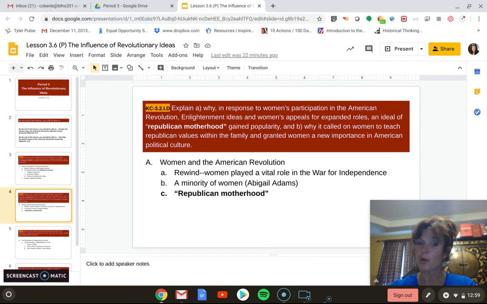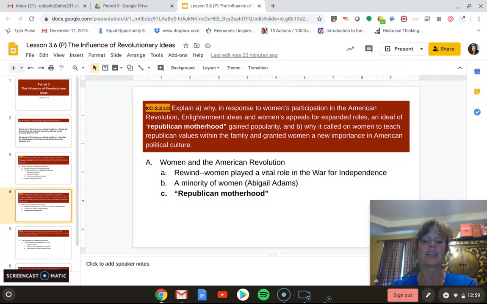What this means for women, because they were considered essential in educating the youth, is that women, for the very first time in some circumstances, were allowed to have an education themselves. So it was with great fortune that women were trained in the classics and able to go to school or be homeschooled.